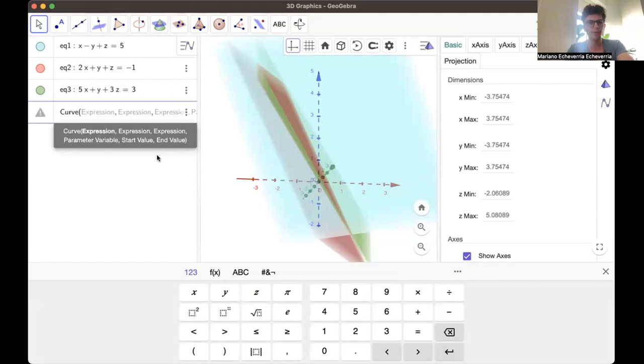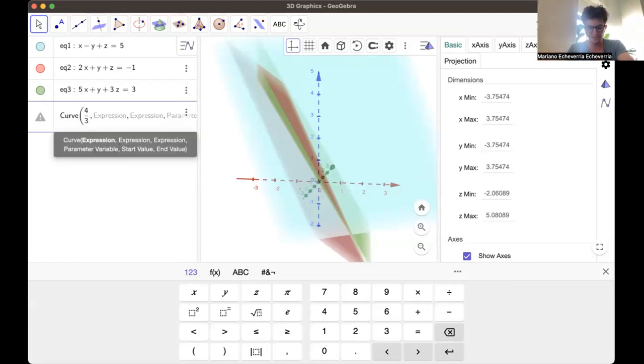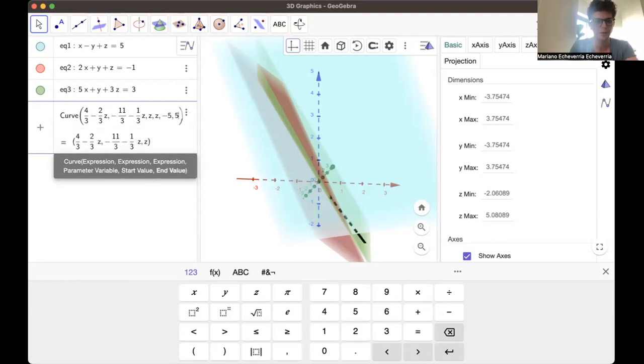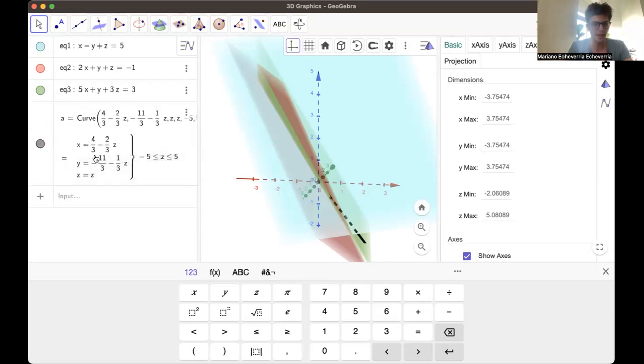If you remember the equation I wrote at the end of the problem, I wrote x and y in terms of z. So you can put here x equals 4/3 minus 2/3 z, then y equals minus 11/3 minus 1/3 z, then z equals z.